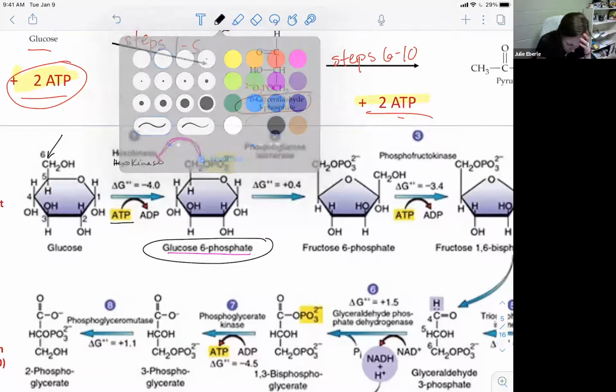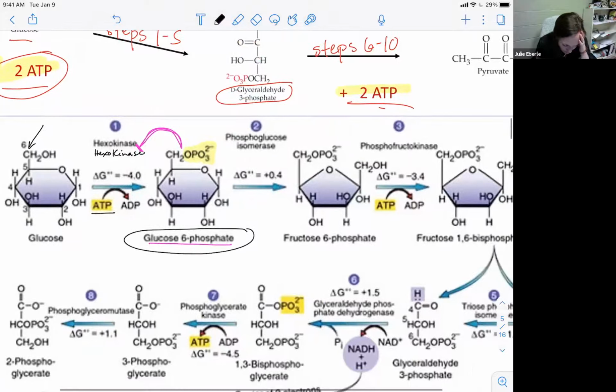Let's go on to step 2. Step 2 is just an isomerization. So we take glucose 6-phosphate and we just rearrange it to fructose 6-phosphate. So think about glucose and fructose. The difference there is that glucose has a 6-member ring. Fructose is a 5-member ring. Okay, you see how it's a 5-member ring in fructose?